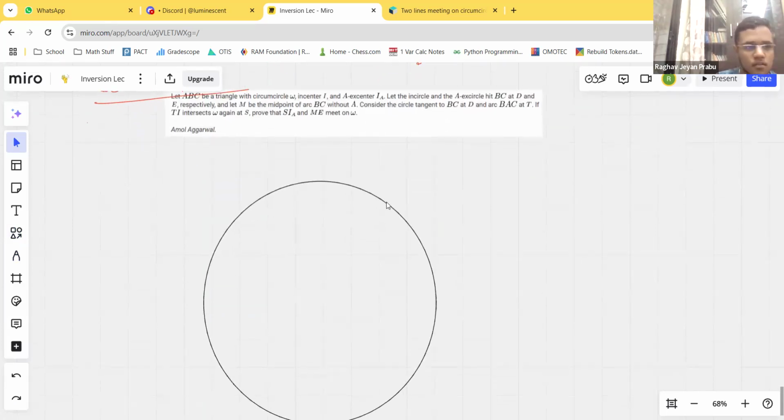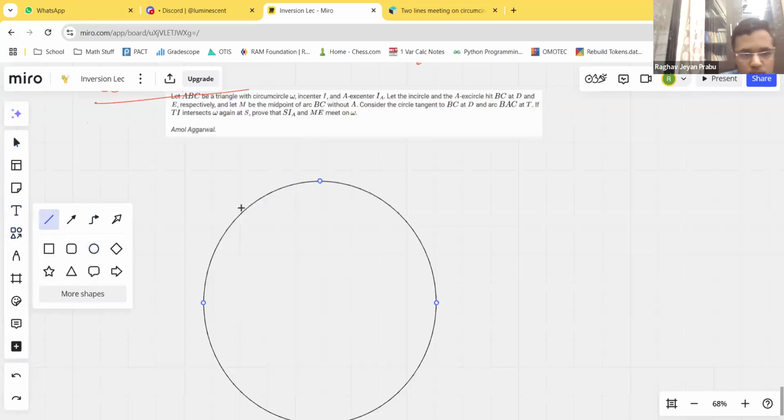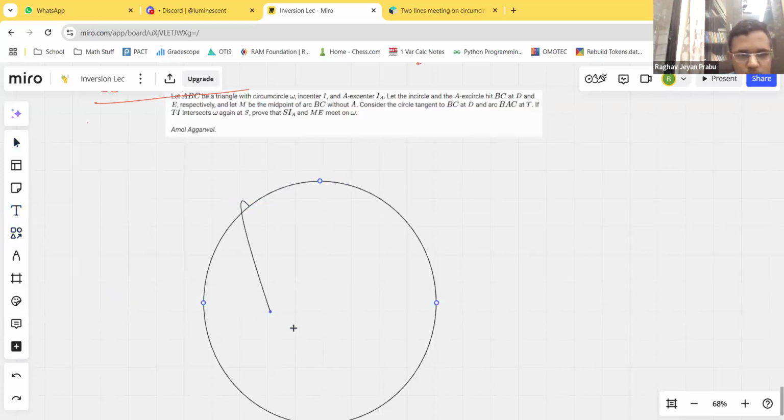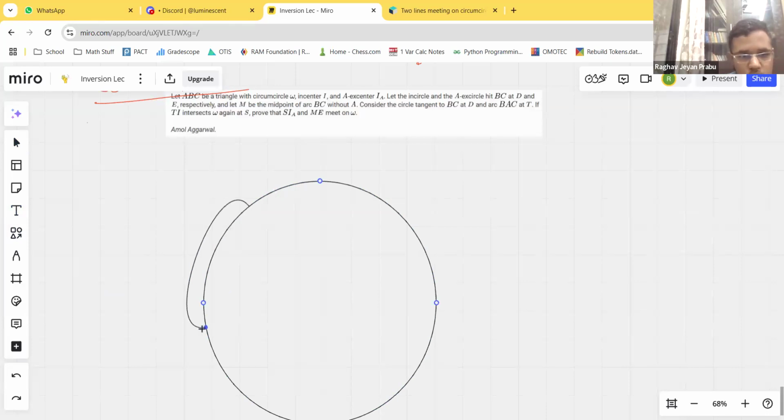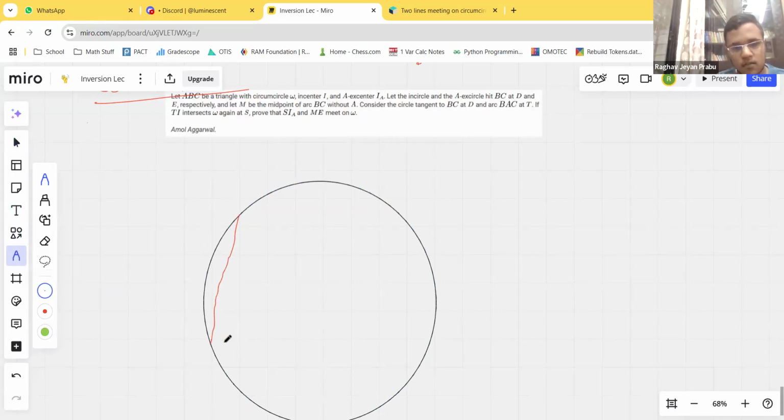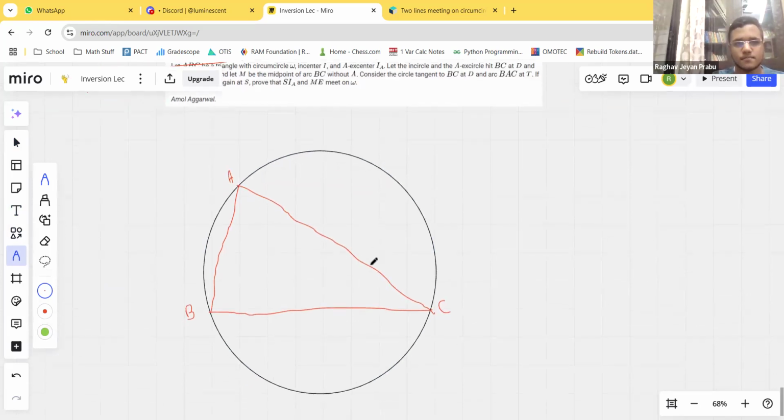Okay, I'll just draw a normal line. So I have a triangle ABC and the circumcircle is omega.